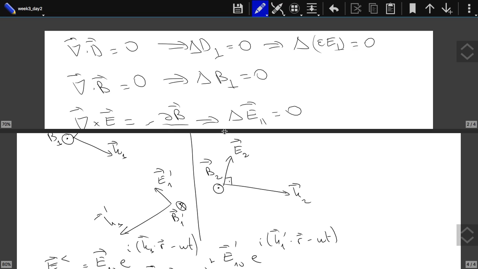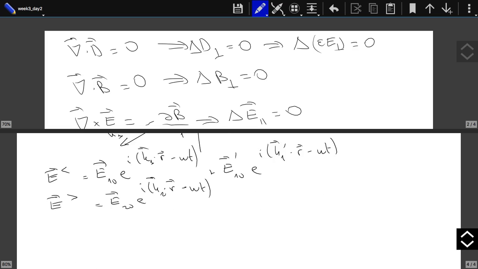The only thing we assumed was that there are no free charges. As long as there are no free charges, no surface charges, no surface currents, these boundary conditions should be satisfied for an arbitrary surface. Not necessarily on the surface between two different media, but just imagine any mathematical surface. For that mathematical surface, these conditions should be satisfied. It should also be satisfied for this case.